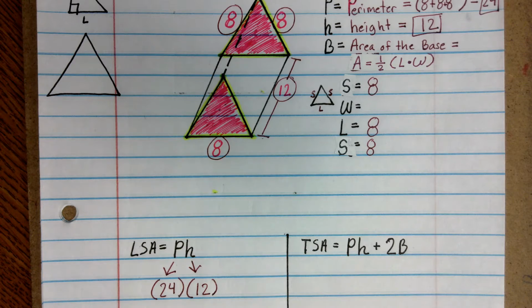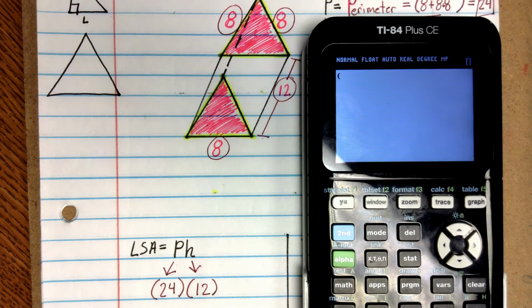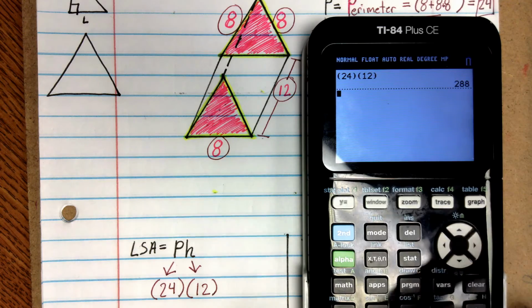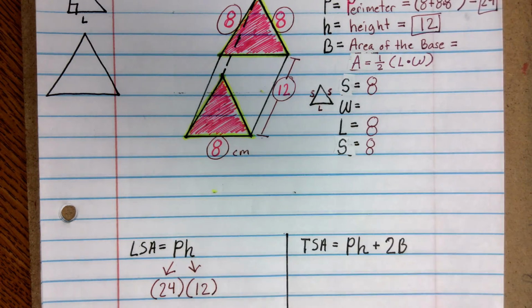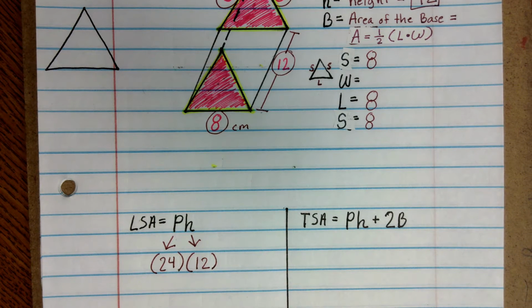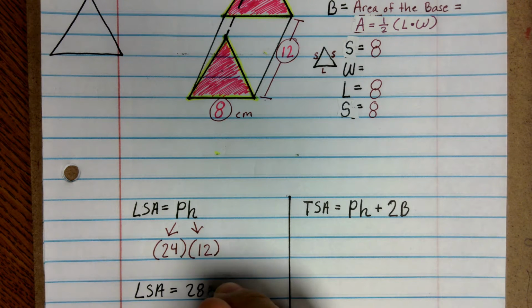Putting that in my calculator, I have 24, my perimeter, times 12, my height, and it gives me 288. So let's say that this is centimeters. What I would write is my LSA, lateral surface area, is equal to 288 centimeters squared.